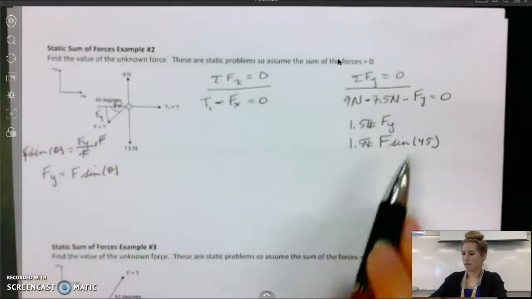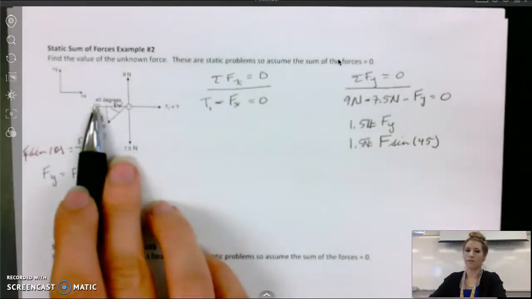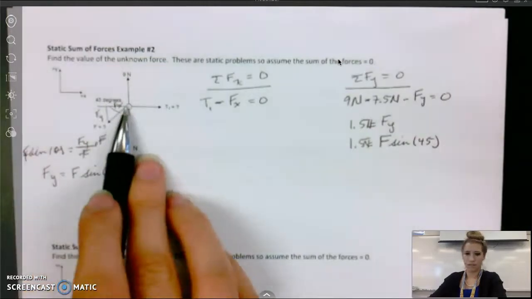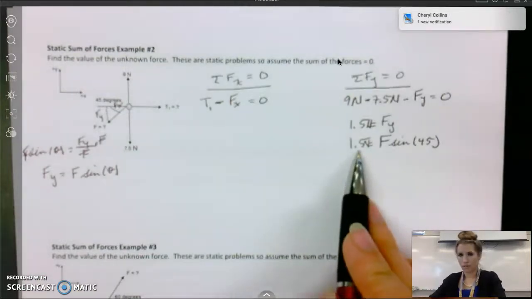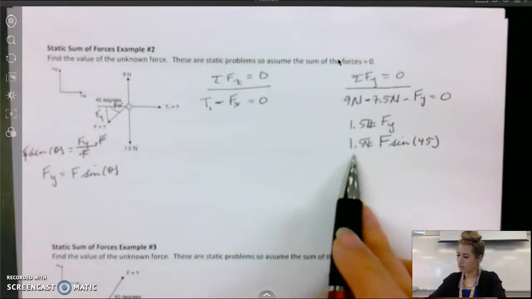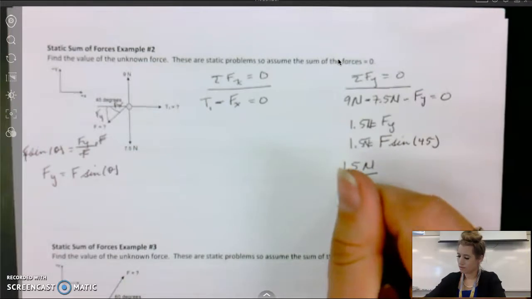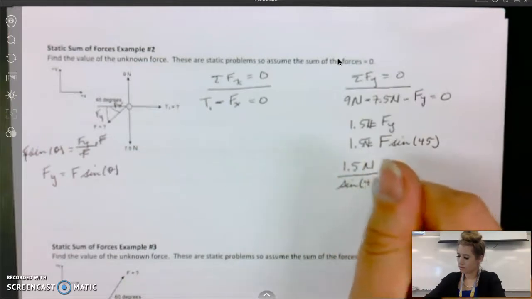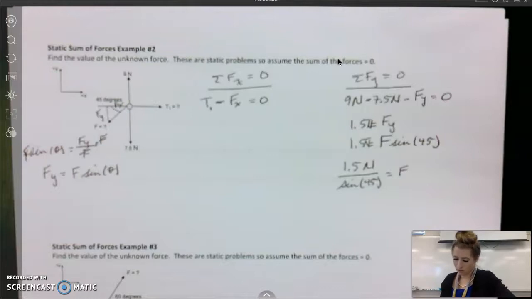Okay, and so that's why I put that in there, where the sine was 45, because that told us it was 45 degrees, but we don't know what f is. Right, so if I take 1.5 newtons and I divide it by sine 45, that will tell me what f is. 1.5 divided by the sine of 45.